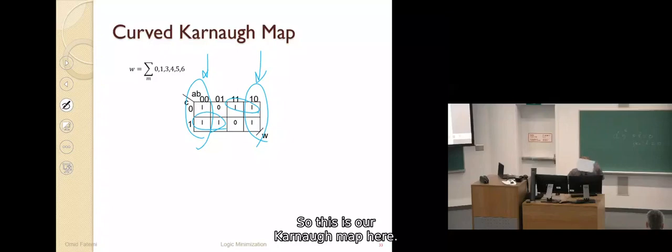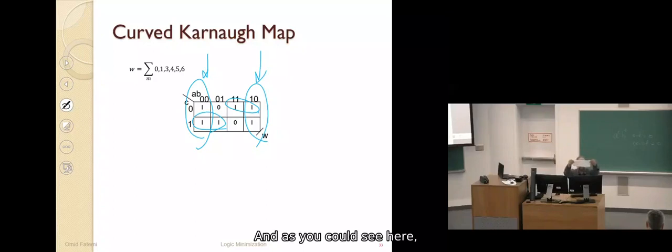So this is our Carnot map here. Look at the first 2 rows, which is here. I draw it like that because we are going to see the 4 variable map also. But for 3 variable maps it would be this one. Our map has 8 cells. So this is our map.